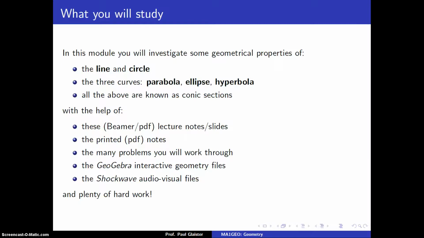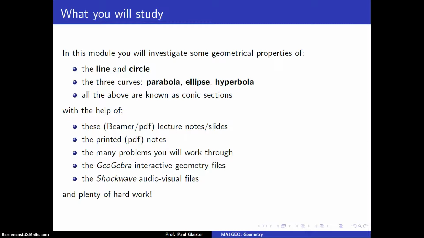So what are we going to do in this course? Well, we're going to look at a series of objects within plane coordinate geometry. So that includes the rather uninteresting straight line, slightly more interesting circle, and then three particular loci called parabola, ellipse and hyperbola.